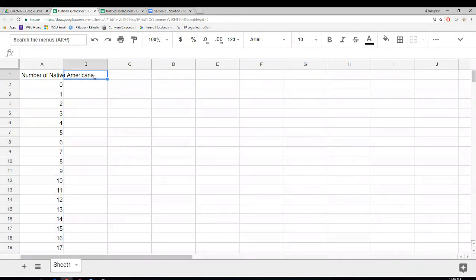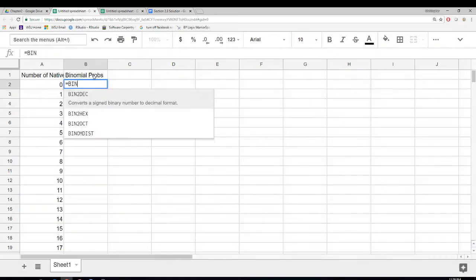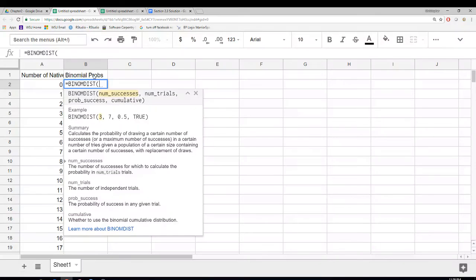Now I can go ahead and get the binomial probability values here. BINOM.DIST, A2, 535, 0.065, and false.